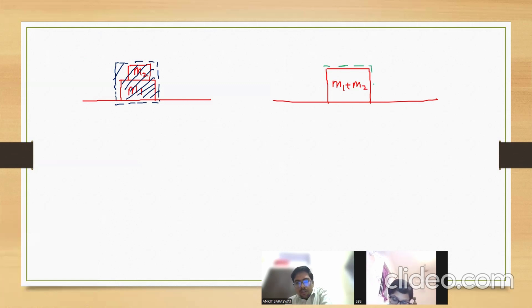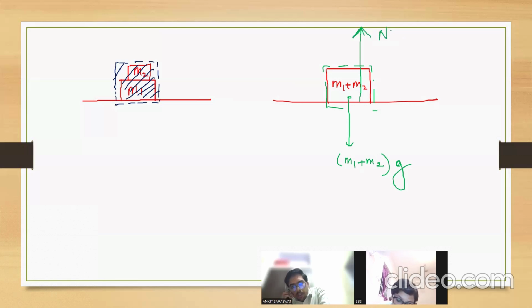My system is this. One force is (M1 plus M2) times g. One is due to the ground, you can take it as N dash. Understood?